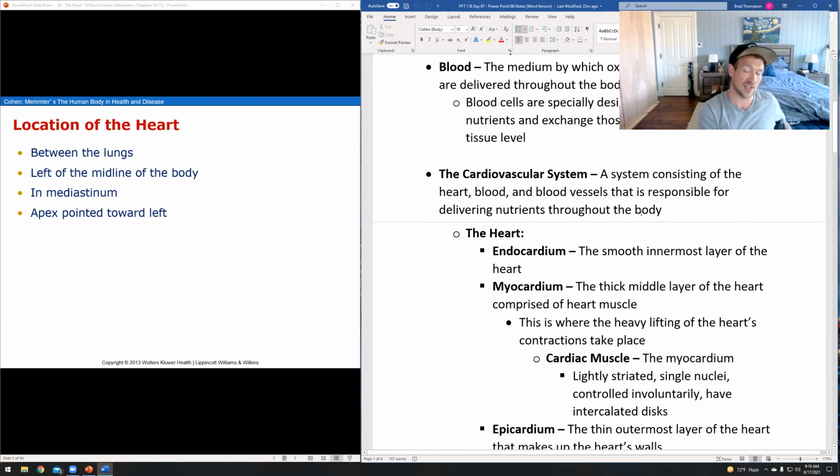Don't forget that oxygen is a nutrient. Sometimes it's easy to remember that carbohydrates, proteins, and fats are our nutrients, but oxygen is arguably the most vital nutrient that we have. You can go a couple of weeks, in extreme cases, without any food.